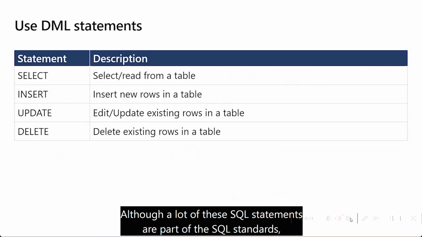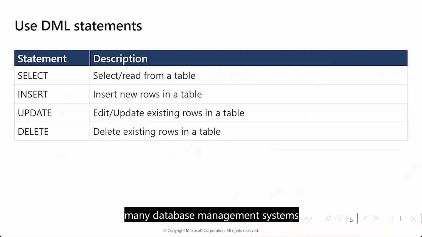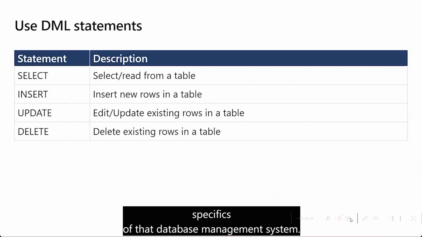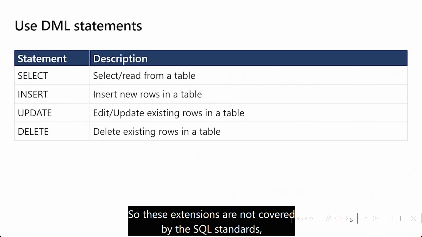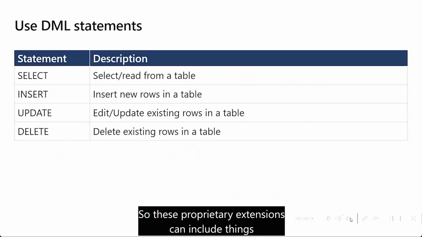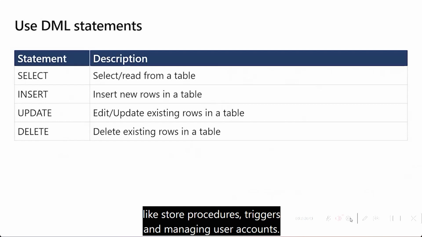Although a lot of these SQL statements are part of the SQL standards, many database management systems also have their own additional proprietary extensions to handle specifics of that database management system. These extensions are not covered by the SQL standards, and they include things like security management and programmability. They can include things like stored procedures, triggers, and managing user accounts.